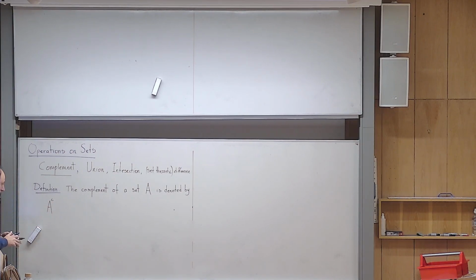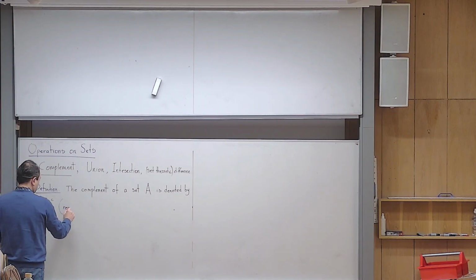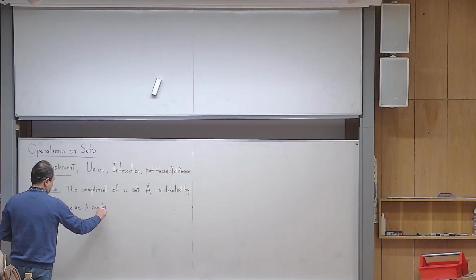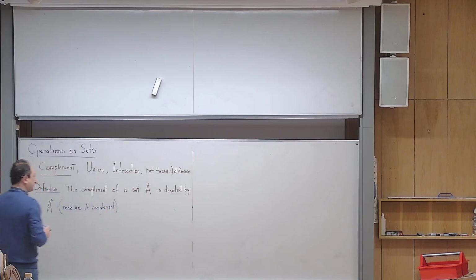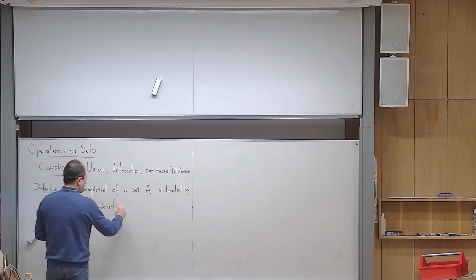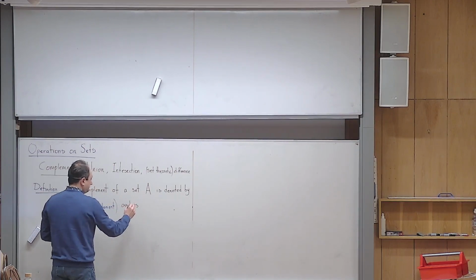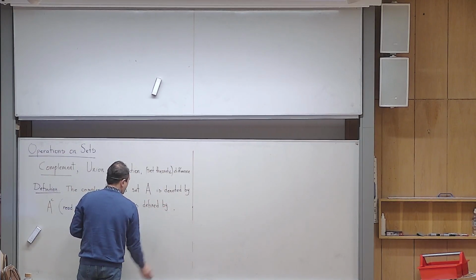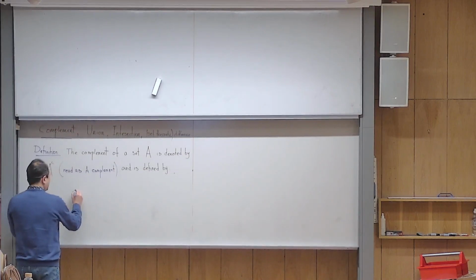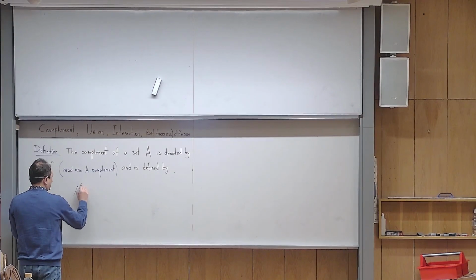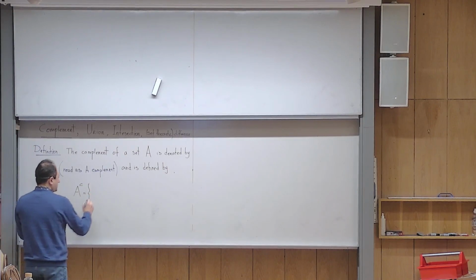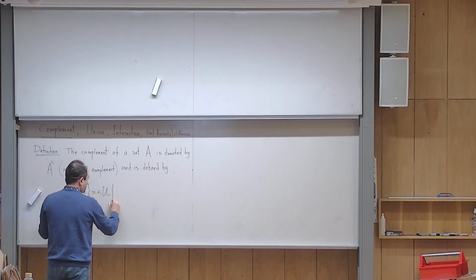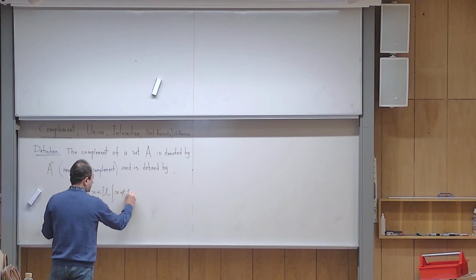You read it A complement. It is denoted by this symbol and is defined in this way: A complement is the set consisting of all elements coming from the universal set, such that x does not belong to the set itself.